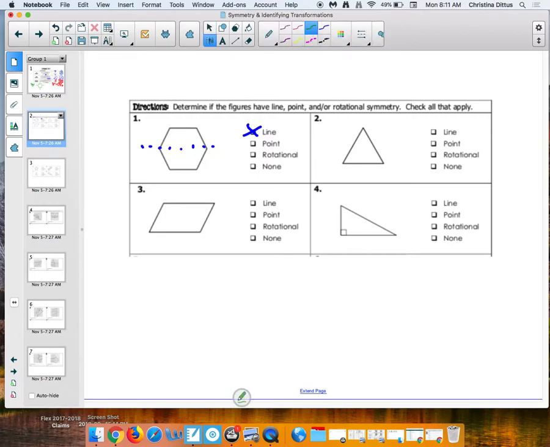What about point? Can I put a point in the middle, and then it will reflect on itself? If I turn it 180 degrees upside down? Think about this line. If I rotate that 180, isn't that just that line now? Yeah, it has point. What about rotational?